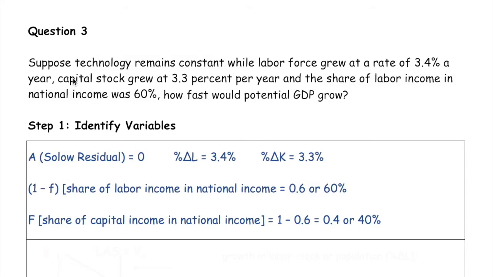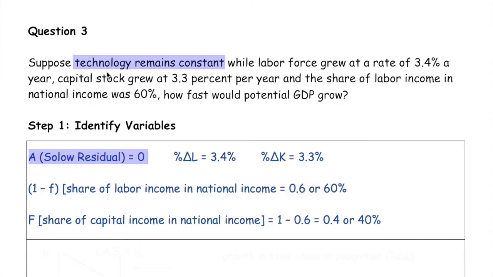We can see that technology is going to be constant. Because technology is going to be constant, that means that the value for the Solow residual, or the constant A, is simply going to be 0. And that's simply because there's no growth or contribution to YP growth that stems from technological improvements.